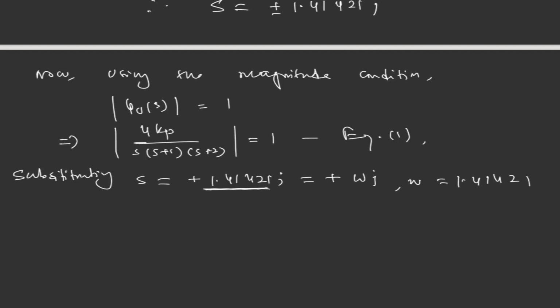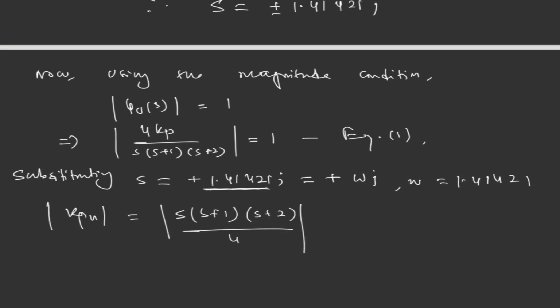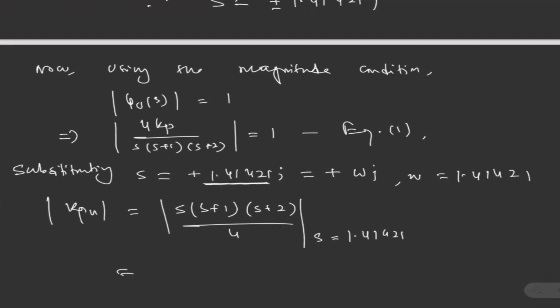The ultimate gain Kpu equals s(s plus 1)(s plus 2) divided by 4 at s equal to 1.41421j.